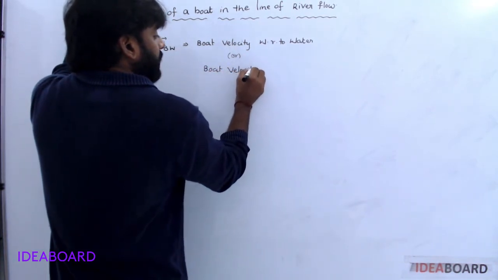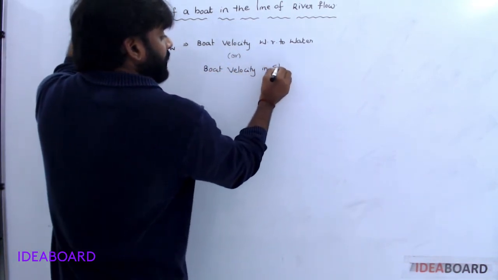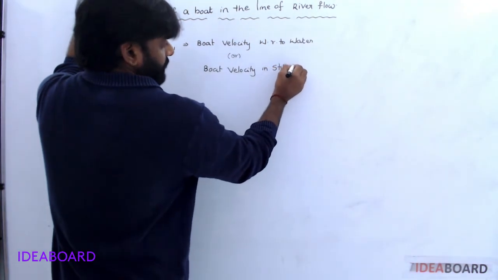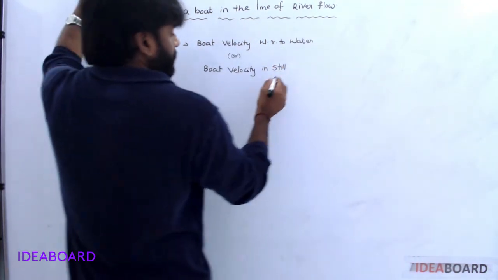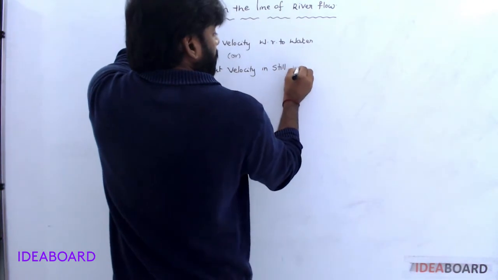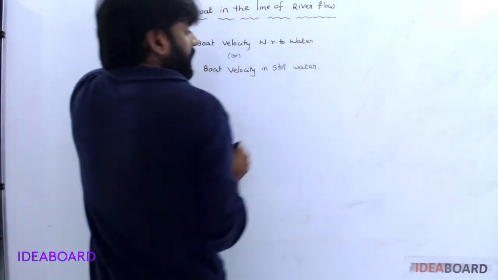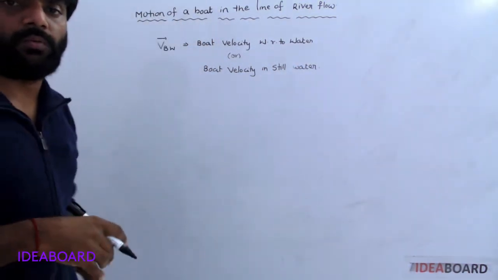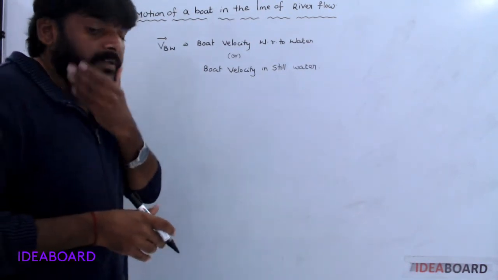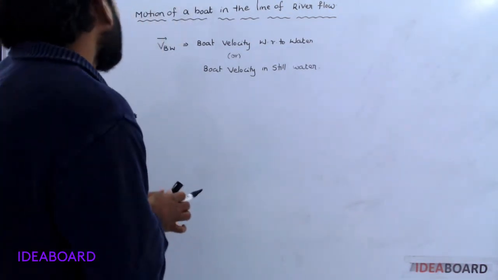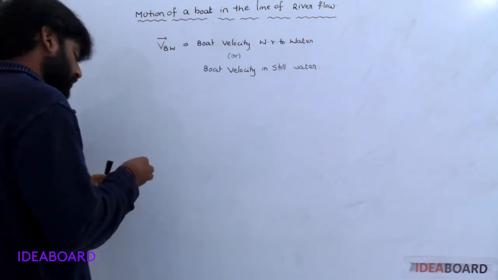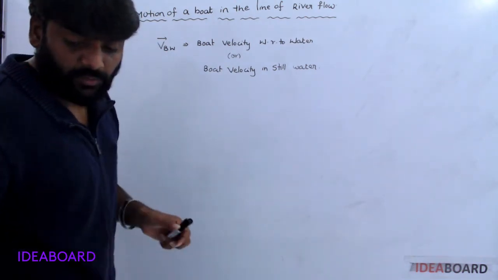Boat velocity in still water. Understood? This one is the boat velocity with respect to water, or boat velocity in still water.